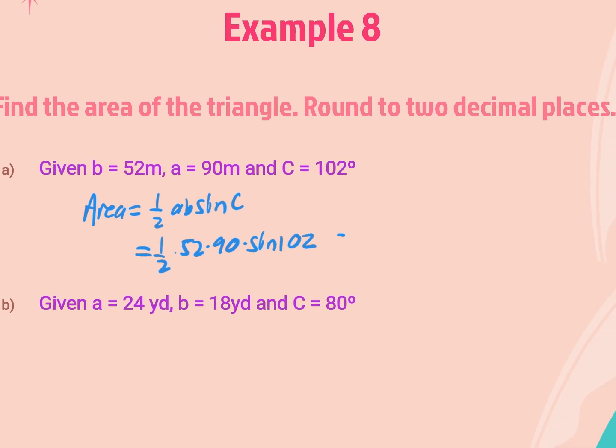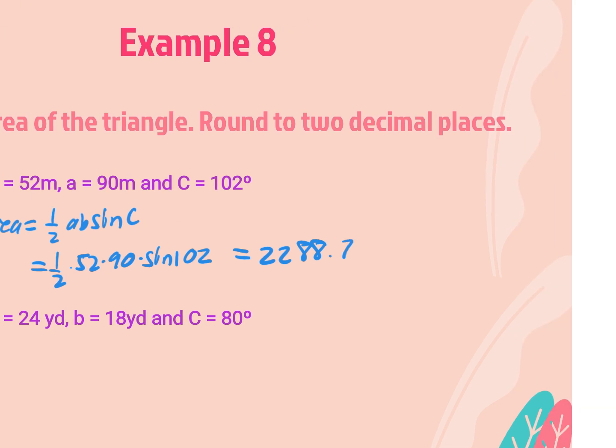All right, plug this into your calculator. It should get you 2,288.87. All right, square meters, to the nearest hundredth.